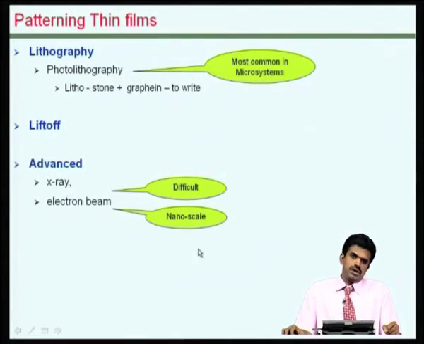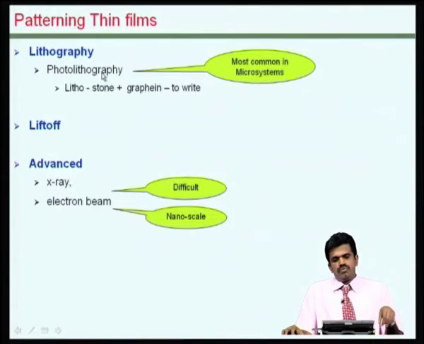Now, let us look at how these can be patterned. One of the very popular techniques is known as lithography, which is usually based on visible light, and hence it is called photolithography. We use a UV beam for the exposure in this particular context.